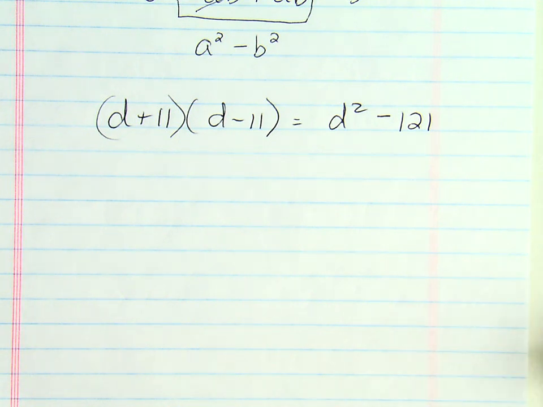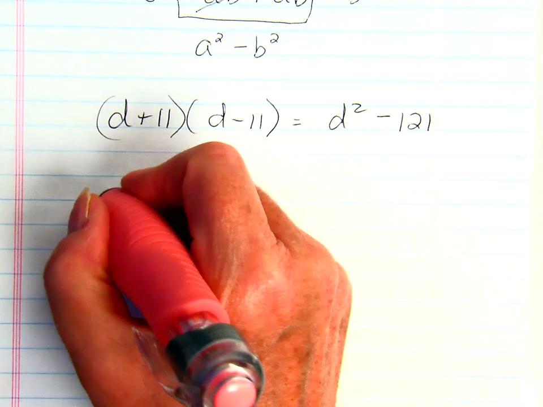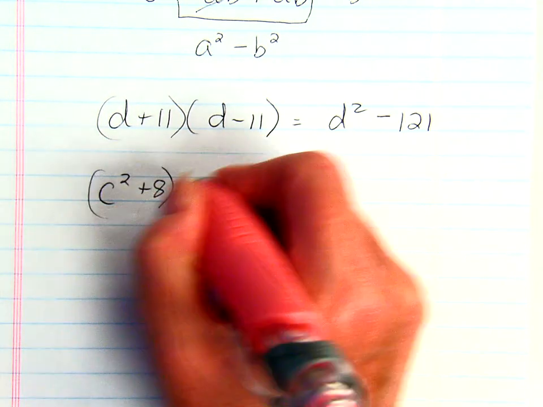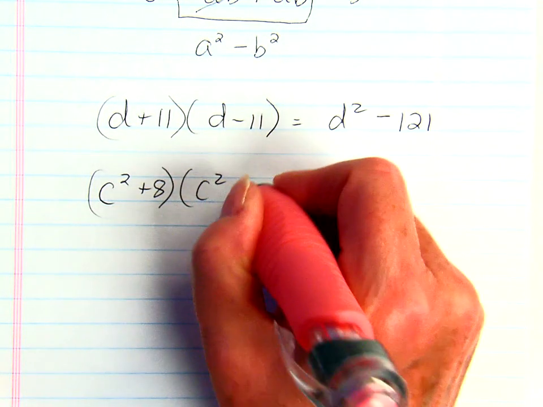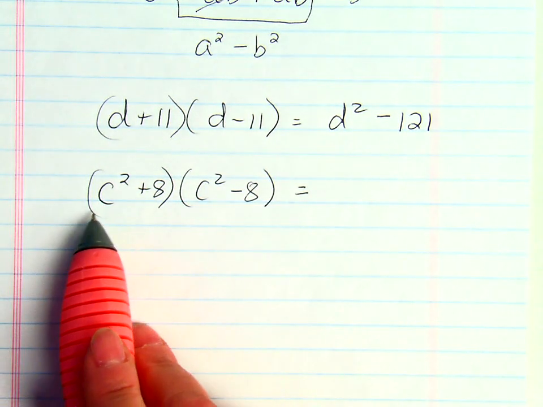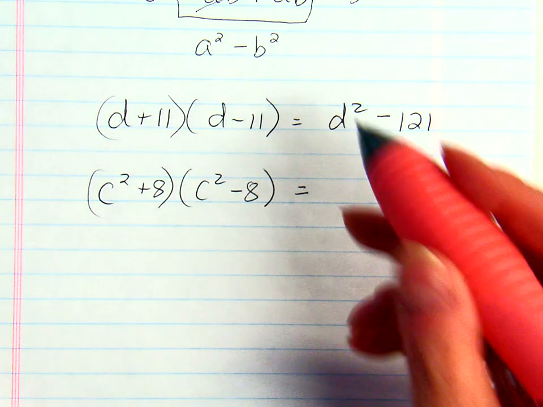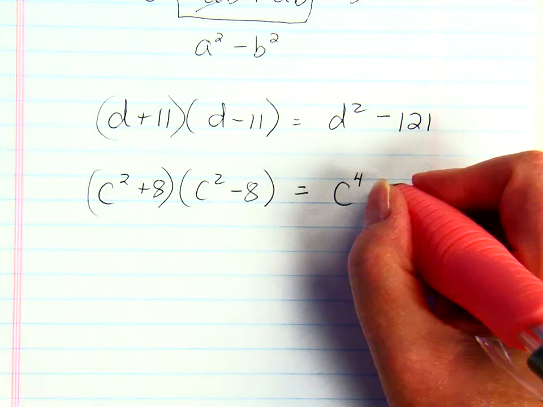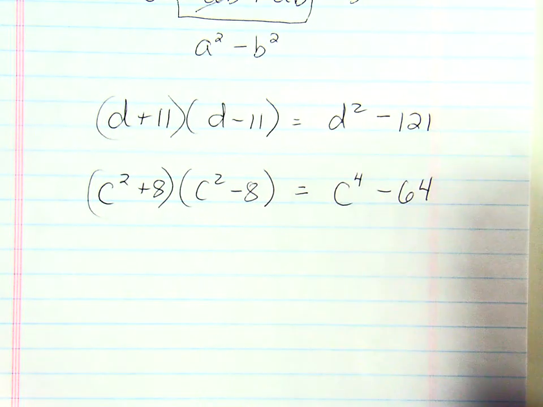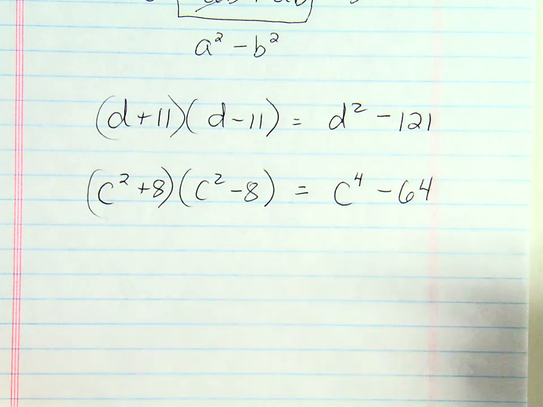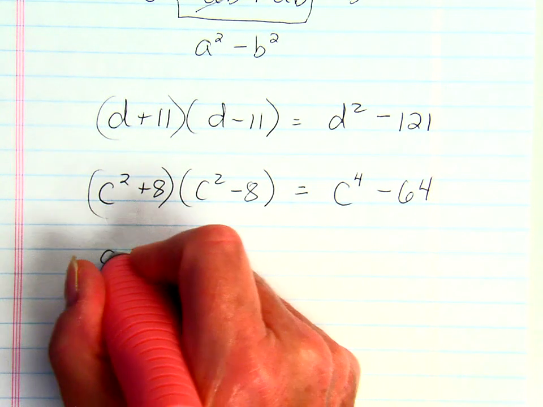It's that simple. c squared plus 8 times c squared minus 8 equals, okay, so c squared times c squared is going to be c to the 4th, minus 64. Just no middle term. Let's do one more. It doesn't matter how big these get. We can still do this.